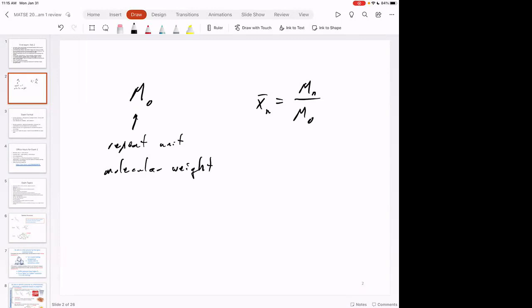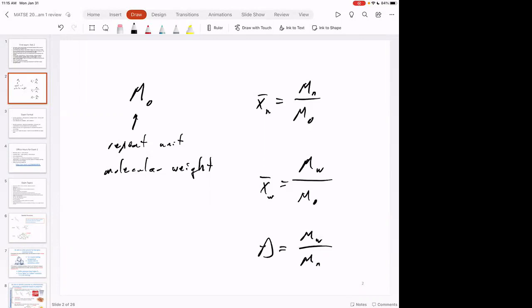You can also formulate, if you know Mw divided by M0, this equals the weight average degree of polymerization, which we don't use a lot. We generally talk about dispersity, which is Mw over Mn.